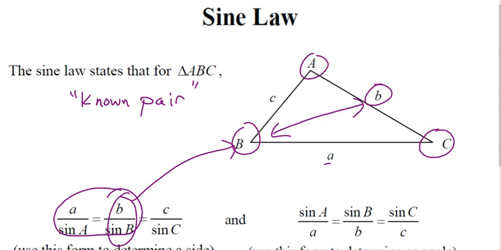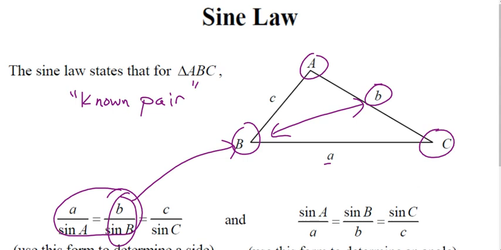I need a pair, that is an angle and a side opposite. In order to use the sine law, I need to know the measure of an angle and the length of the side opposite that angle, okay? For one of A, B, or C, I must have a known pair. Then I need to know one other thing, like angle A. Then I can solve for little a, and so on.